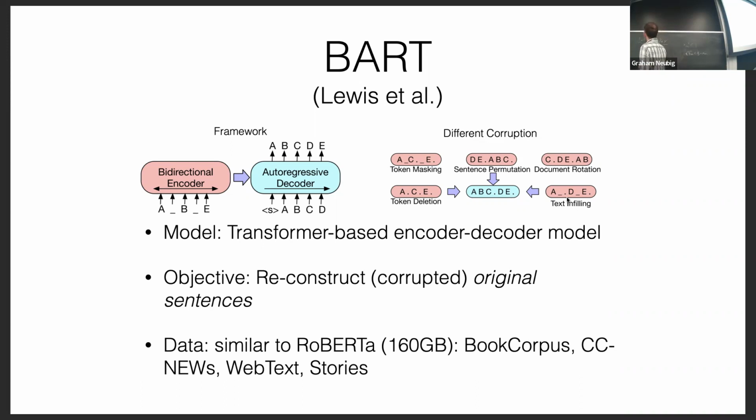Whereas BART, because it masks out not just individual tokens but longer sequences as well, could theoretically produce something like, I will go to my class today. So it can fill in multiple tokens as well. Then the sentence permutation and document corruption ones essentially help you capture global coherence of the inputs.